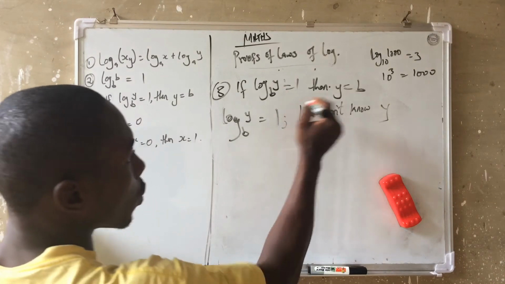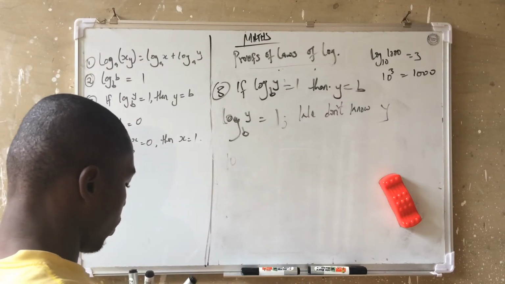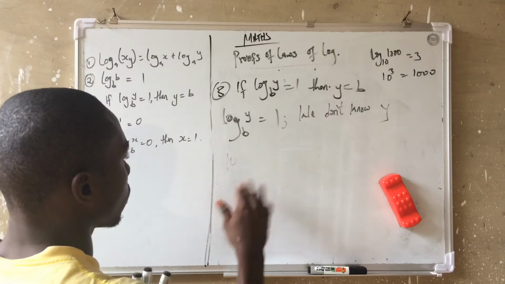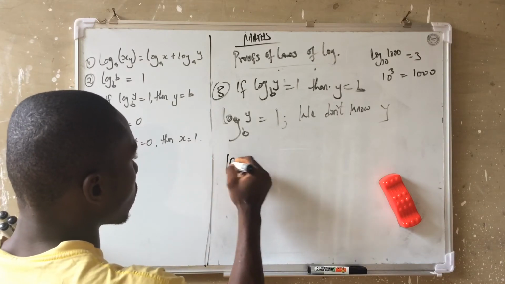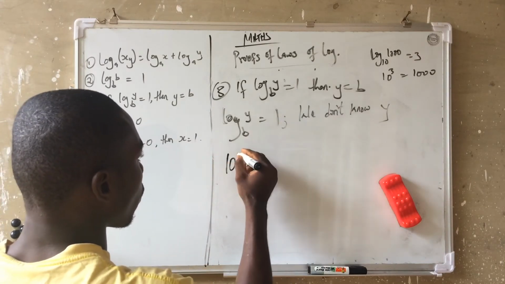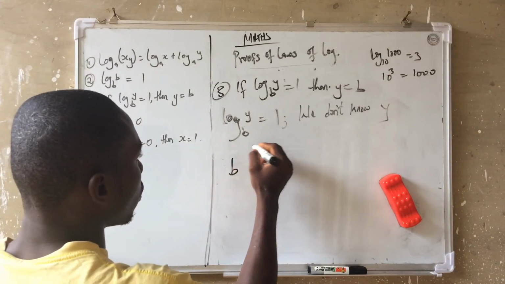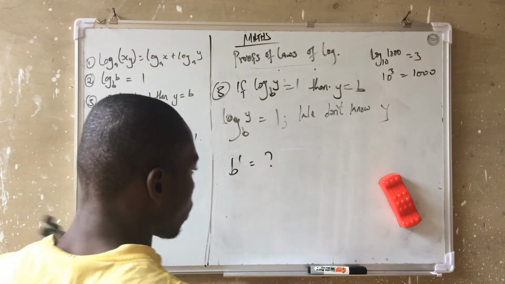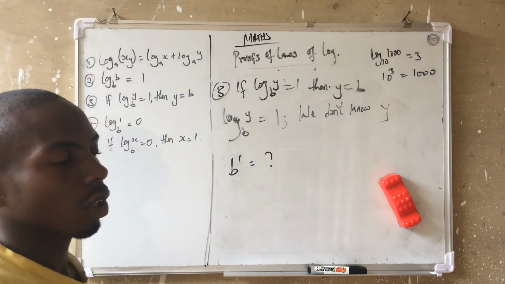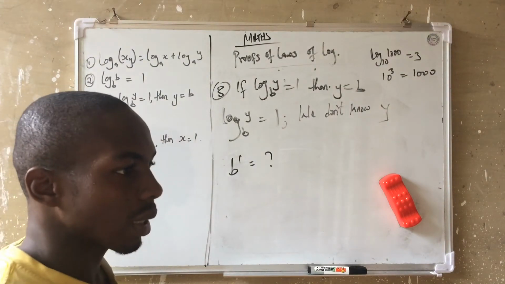So now, using that method, b raised to the power 1 is equal to what? That's what we don't know. But remember, from knowledge of mathematics, that anything raised to the power 1 is that same number.